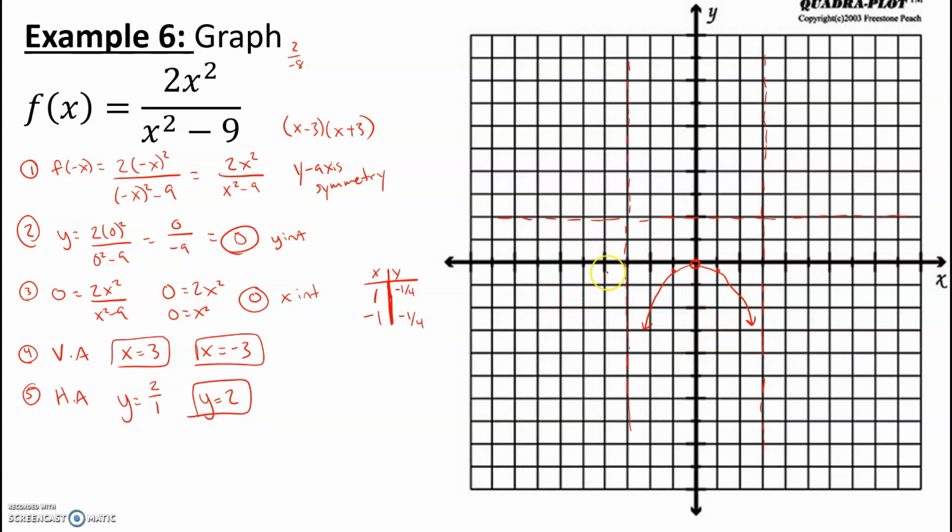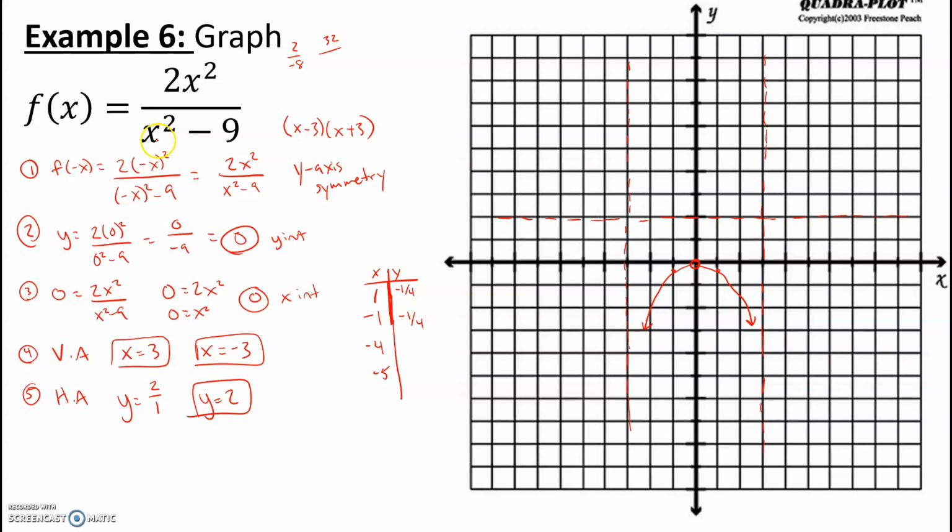Now we want to come over here. So we're at 1, 2, 3, how about -4? Let's plug in -4. Where are we at? Maybe -4 and -5. So -4 is going to get us 16 times 2 is 32.